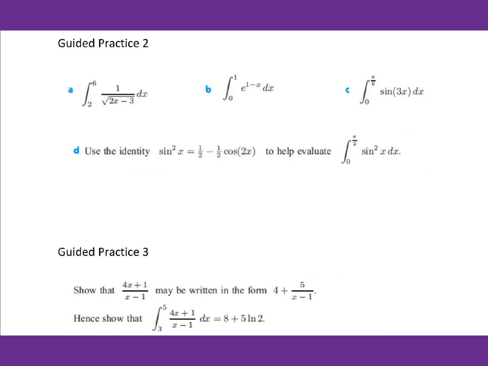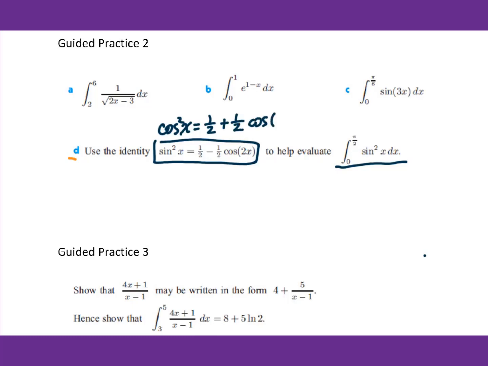Let's go to guided practice 2D. Use the identity sin square x equals 1/2 minus 1/2 cosine 2x to help evaluate this definite integral. Try to remember this formula, and also cosine square x equals 1/2 plus 1/2 cosine 2x.